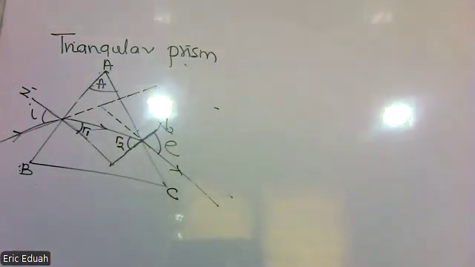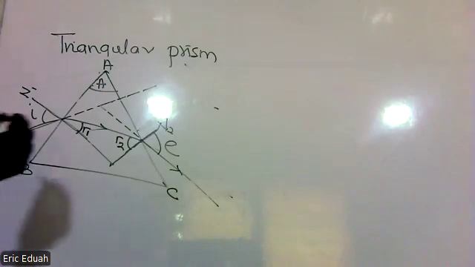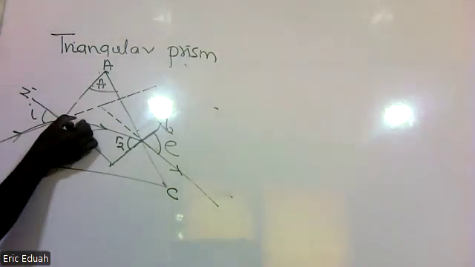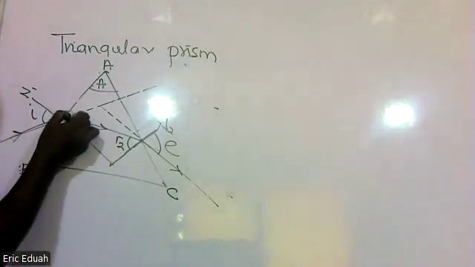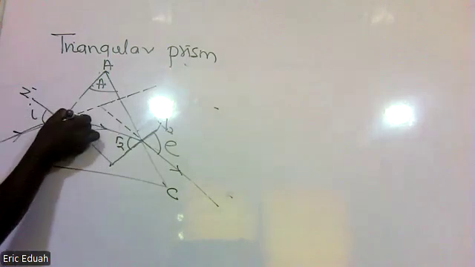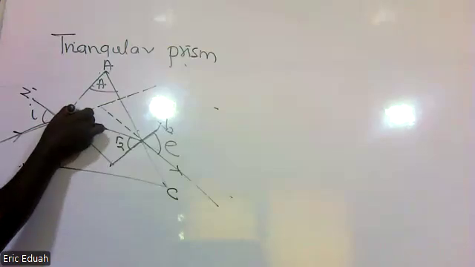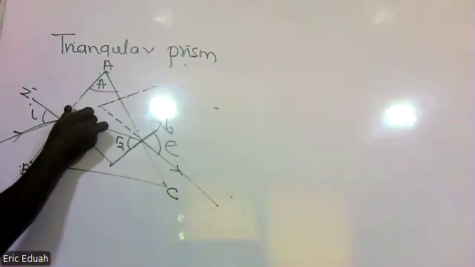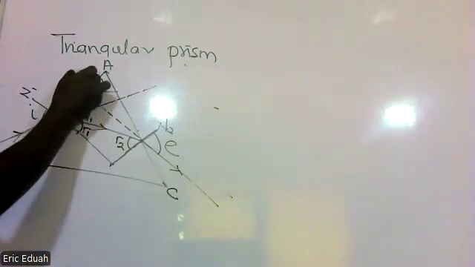So the angle between the refracted ray and the original path of the incident ray gives us the first angle of deviation, D1. That is deviation with respect to AB.